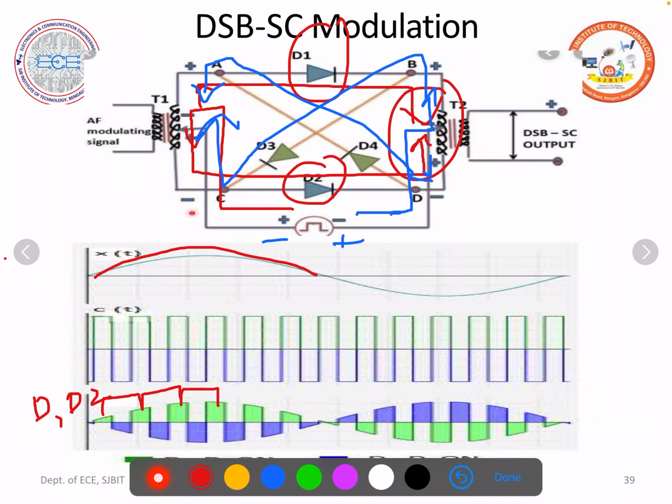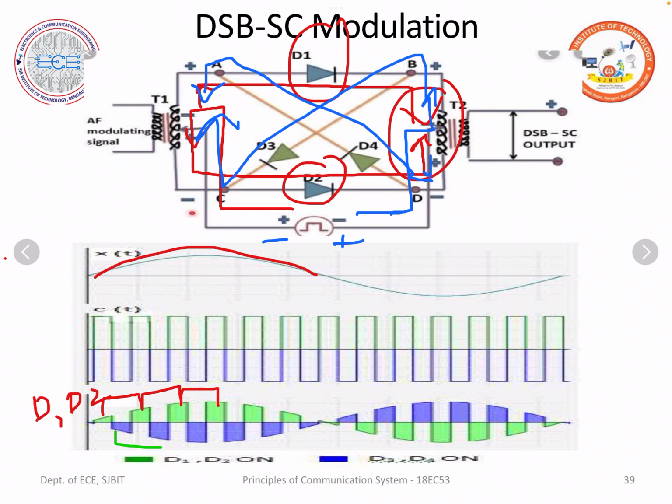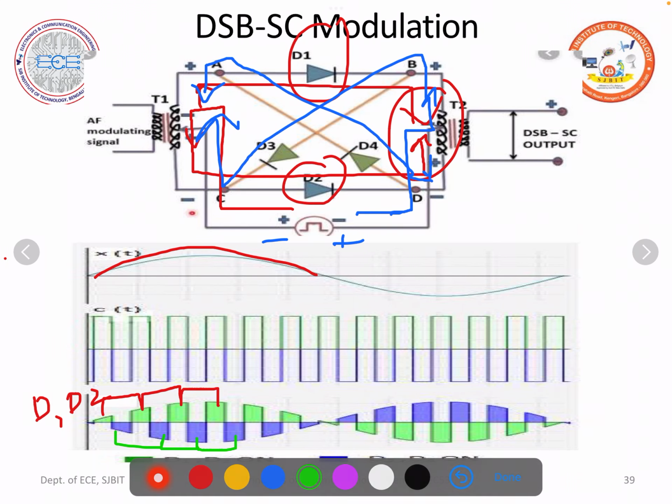When x of t is in the negative half cycle, here, here, here, D3 and D4 are conducting. Similarly, when m of t is in the negative half cycle, these are all the representations because of D3 and D4 being on.